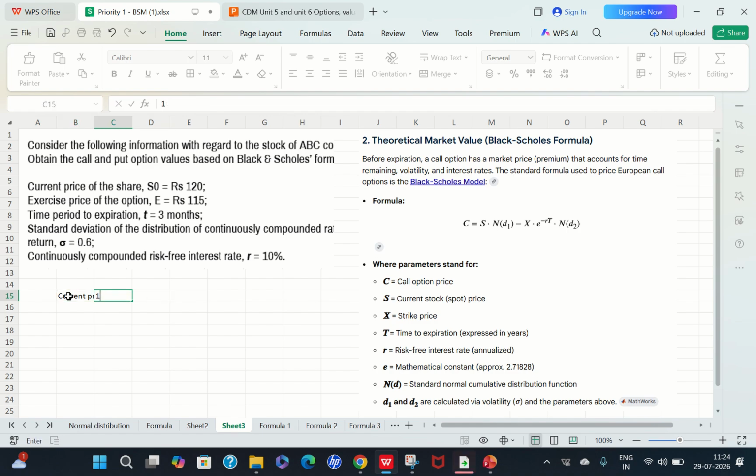Next we have capital N, which talks about the standard normal cumulative distribution function of D1, which we have already determined, which we normally call capital N of D1, and capital N of D2.